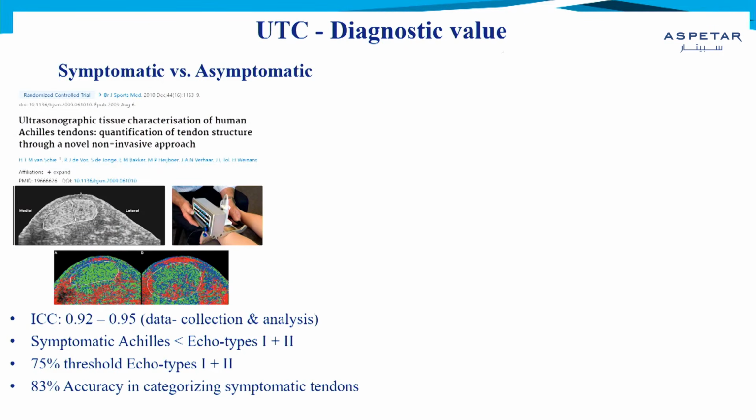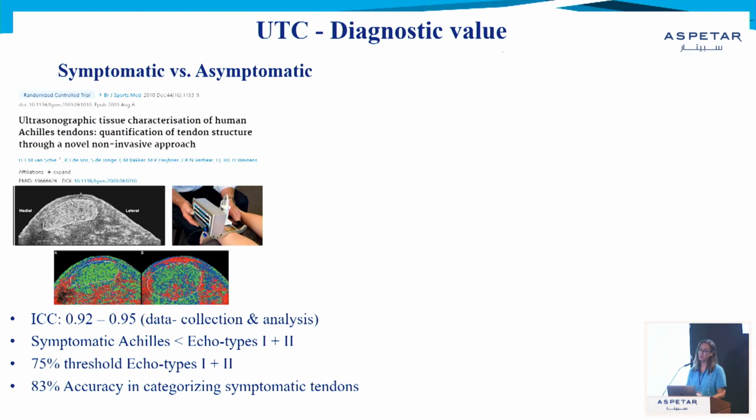Okay, so the UTC has shown some diagnostic value. When they assessed Achilles tendons, this is one of the pioneers, and actually the first study in humans was in the Achilles tendon, they observed very high reliability for the data collection and analysis. They noted that the symptomatic tendons presented a reduced proportion of echotypes 1 and 2, with an associated increase in echotypes 3 and 4.